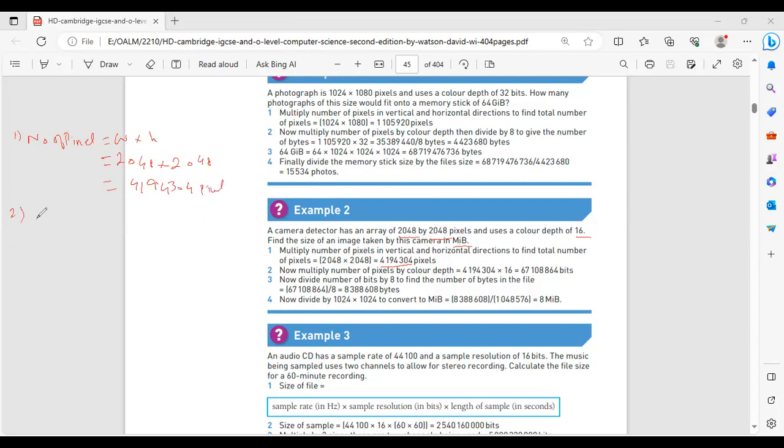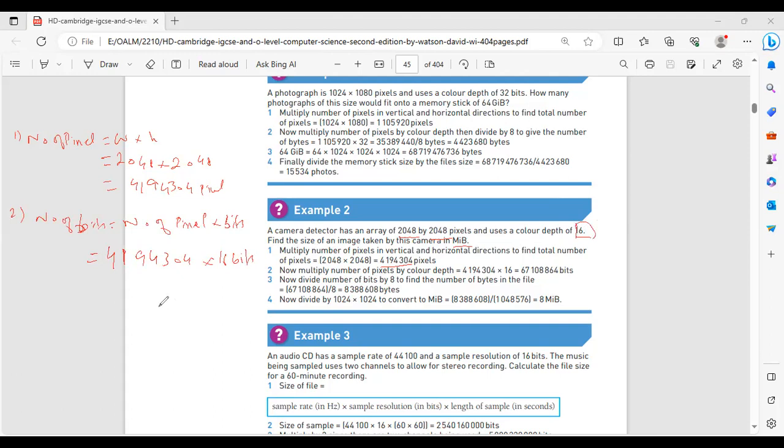Now the second step is to find the number of bits. First write the number of pixels multiplied by bits. The number of pixels you have already found, 4194304, multiplied by 16 bits, as given here.